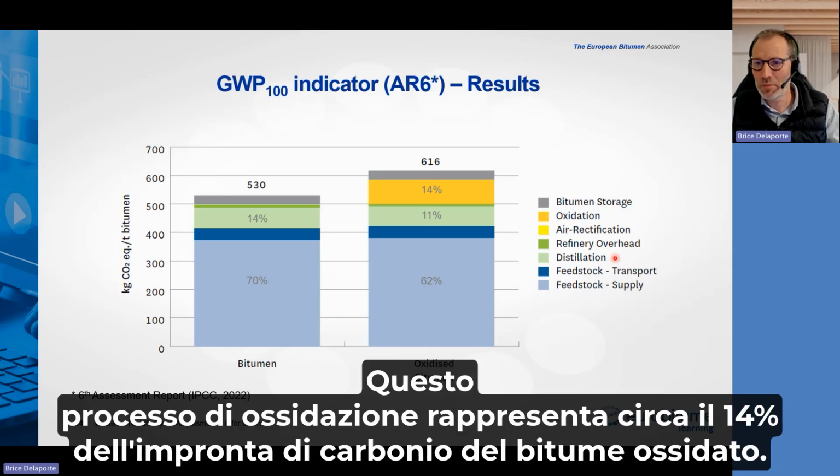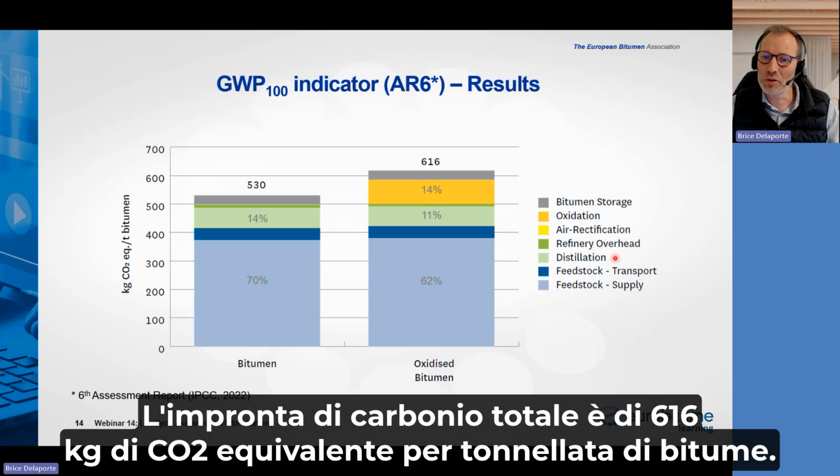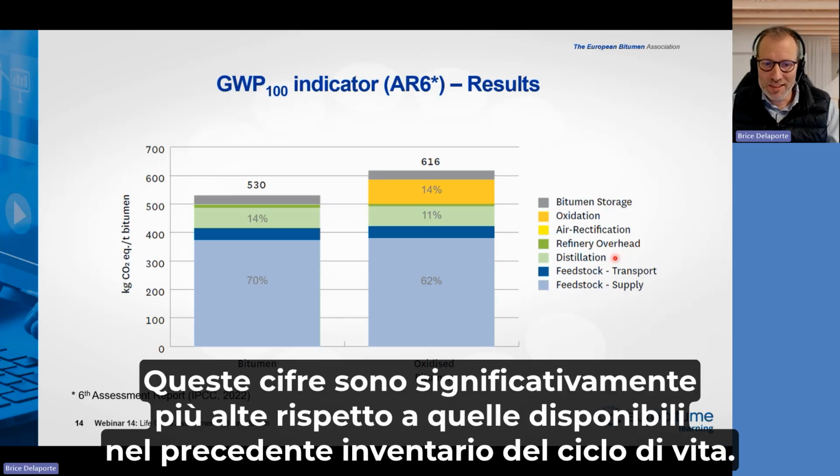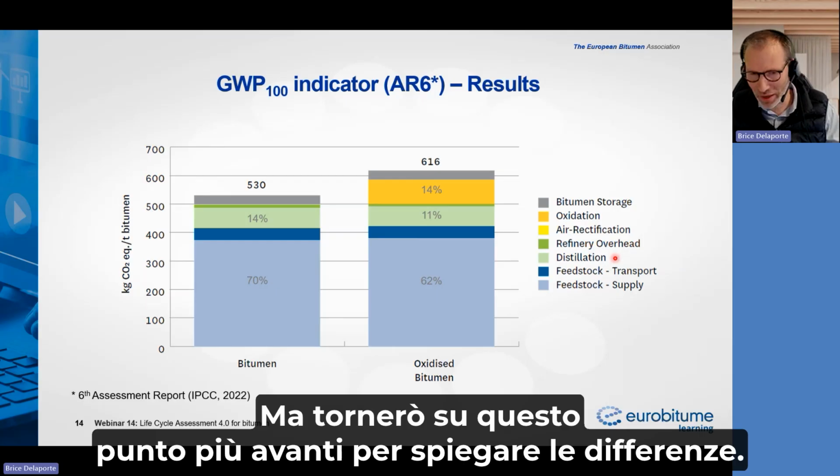So typically this oxidation process represents around 14% of the carbon footprint of oxidized bitumen. And the total carbon footprint is 616 kilograms of CO2 equivalent per ton of bitumen. These numbers are significantly higher than figures available in the previous life cycle inventory, but I will come back later on this point to explain the differences.